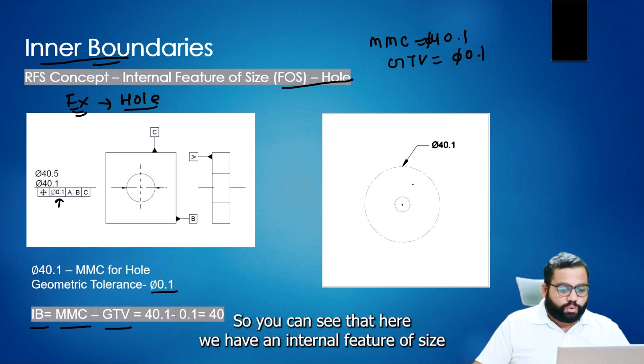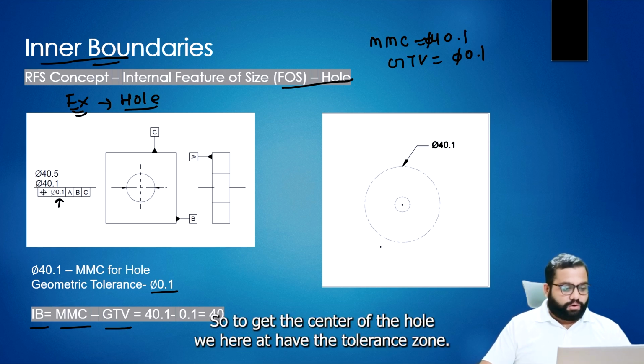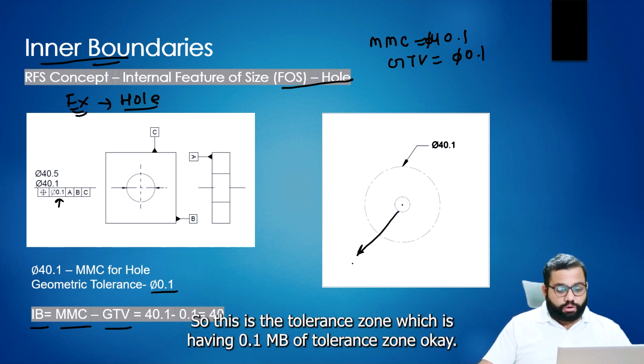So you can see that here we have an internal feature of size with positional tolerance applied at regardless of feature of size. To get the center of the hole, we have the tolerance zone, which is 0.1 mm.